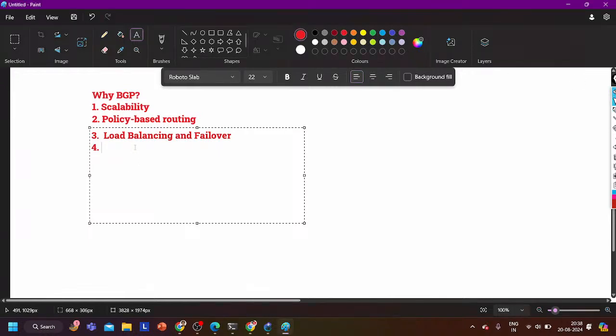So the fourth reason can be, you can say, inter-domain routing. Fifth reason can be what, guys?